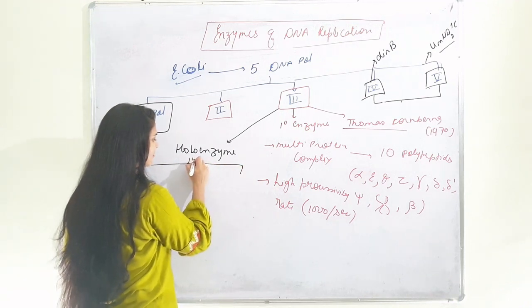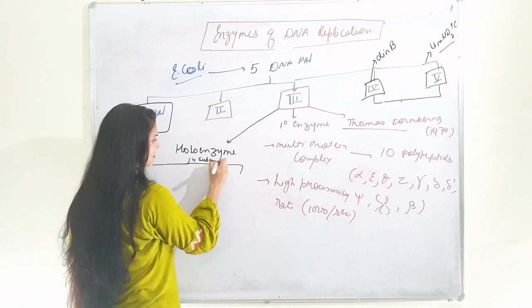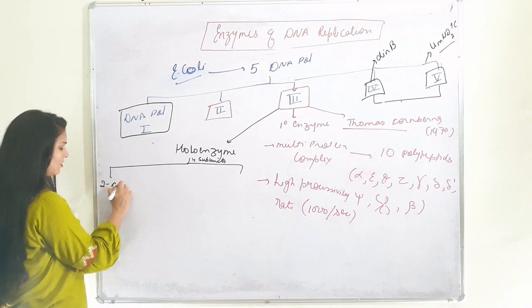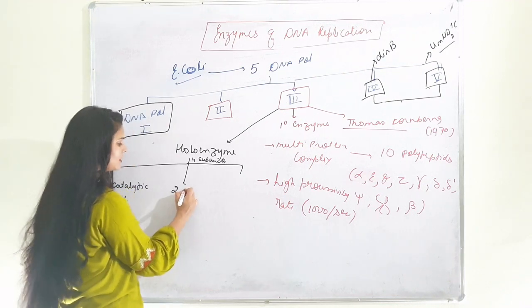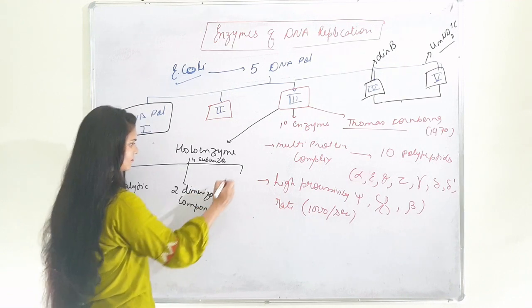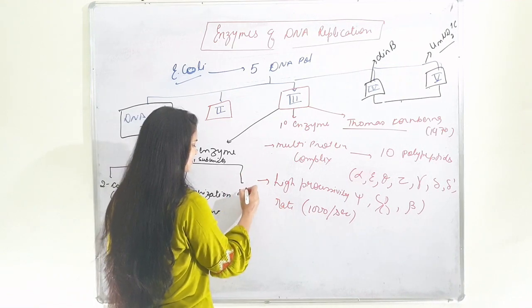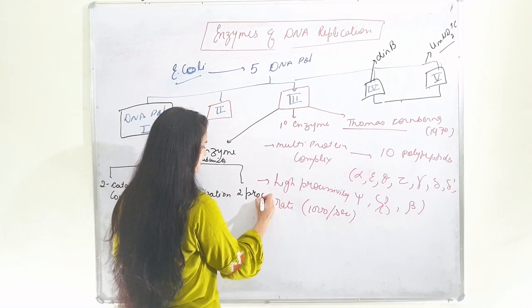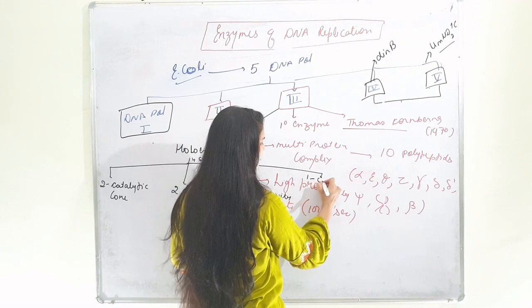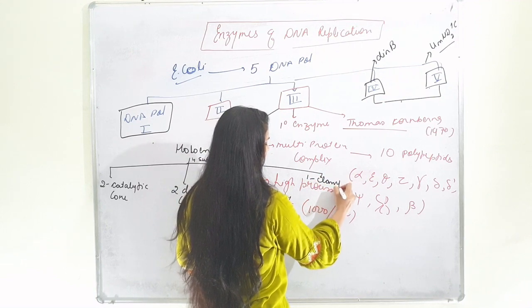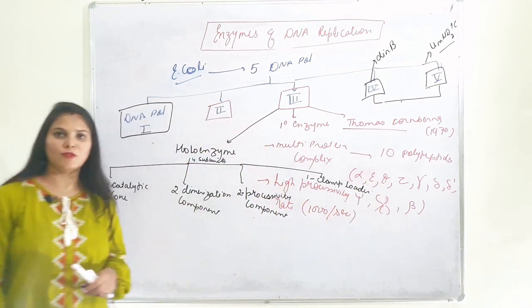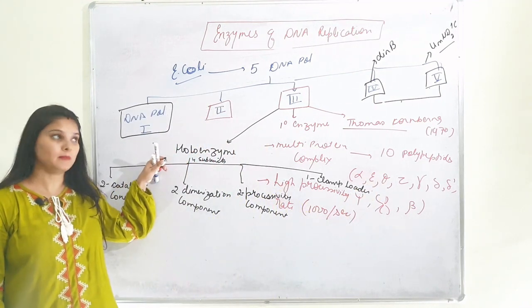It has 4 subunits, in which it consists of 2 catalytic cores, 2 dimerization components, 2 processivity components, and 1 clamp loader. These are the 4 components of a holoenzyme.